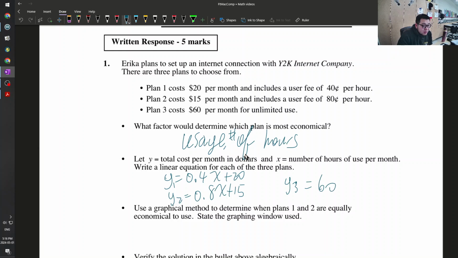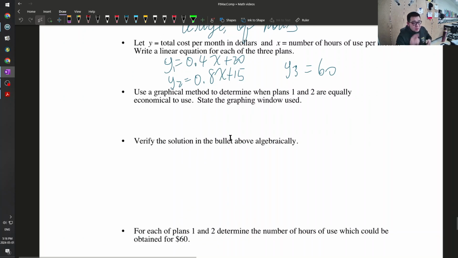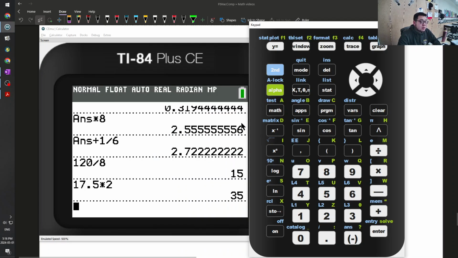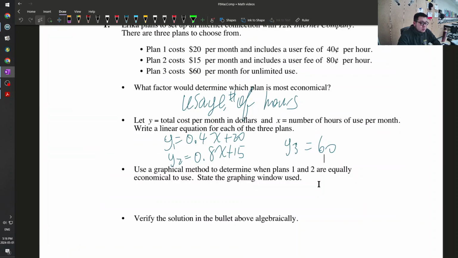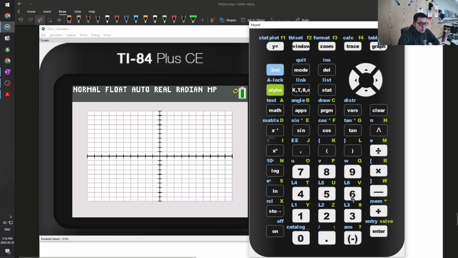Use the graphical method to determine when plan 1 and 2 are equally economical. So plan 1 and 2 are the same. Y is equal to 0.4x plus 20, and then 0.8x plus 15, zoom 6.